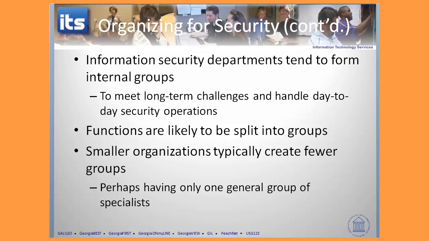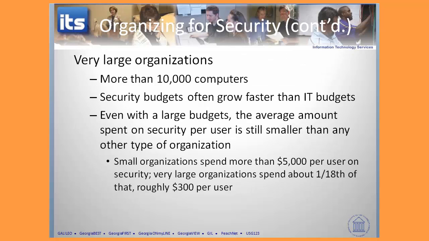All right, let's start talking now at the top end of the scale. Let's say that we've got a very large organization. Here you've got more than 10,000 computers. That's the definition that we're using for a very large organization. Security budgets are going to grow faster than IT budgets because of the risk and complexity associated with that.